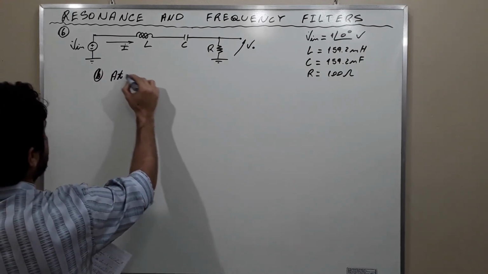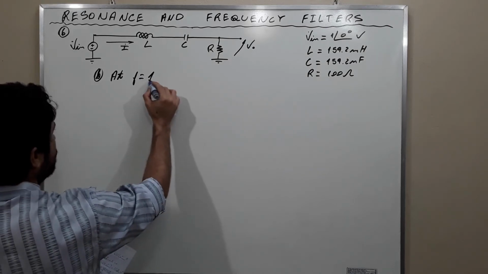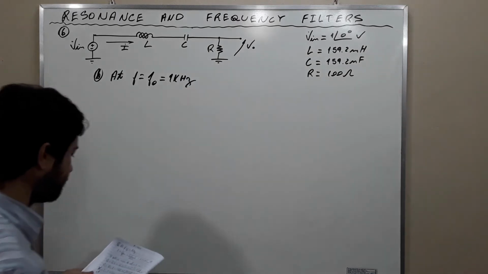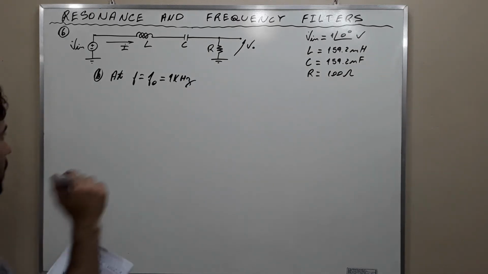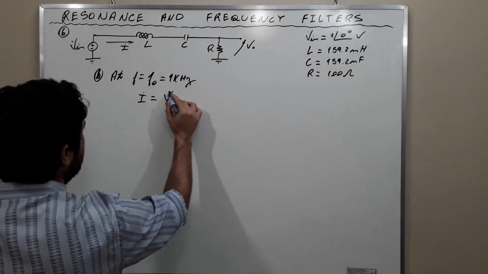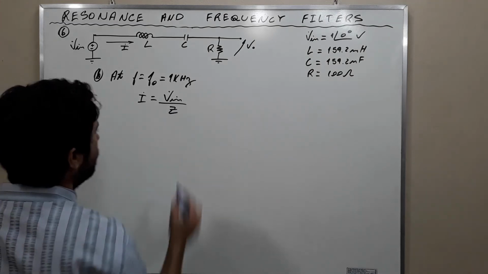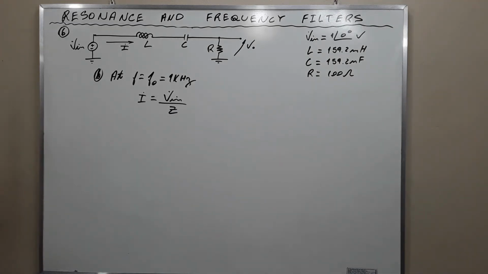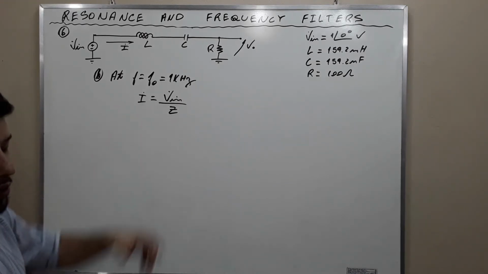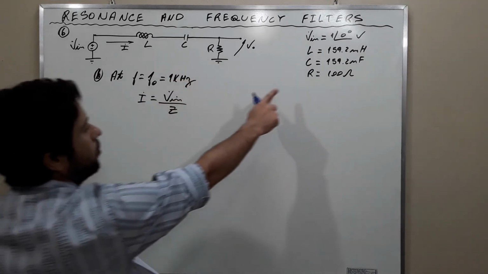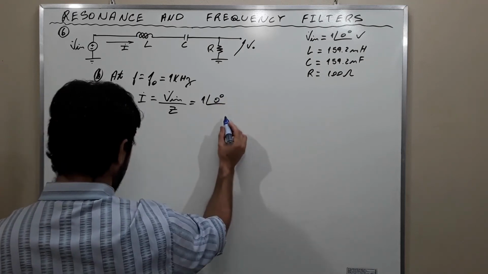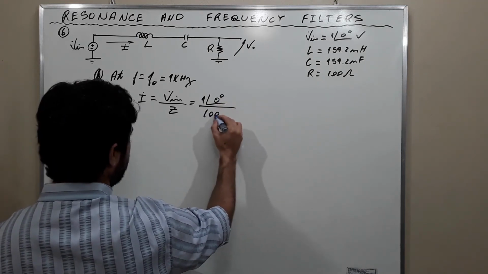At a frequency equal to the resonant frequency, 1 kilohertz, the current will be equal to Vin divided by Z. But Z, we have already calculated that at the resonant frequency, the equivalent impedance is equal to the value of the resistance. And this is then equal to 1 phase 0 degrees divided by 100 ohms.